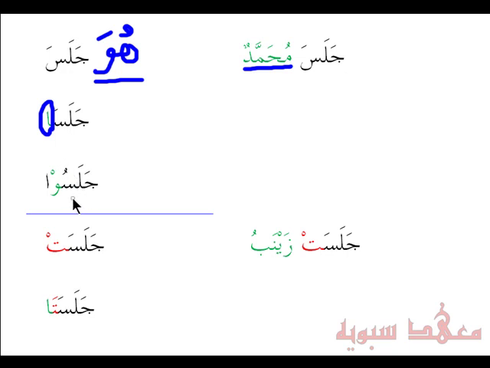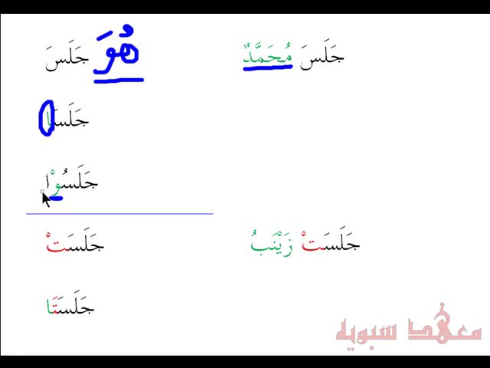It's jalasu. Now the waw here is the fa'il, and this verb means they sat. It refers to 3 or more masculine. Now one point to note is we have the alif at the end of it. So the question is, what's the point of having this alif? We're not pronouncing it, and it's not the fa'il, so why is it there? There's 2 names to it.